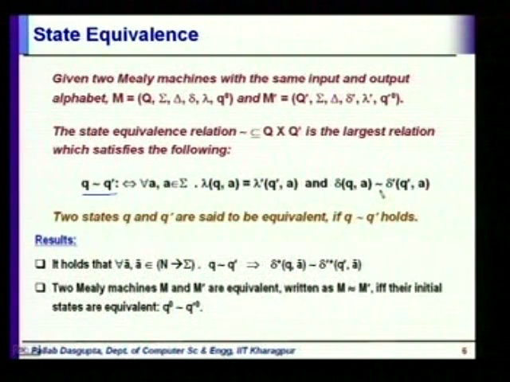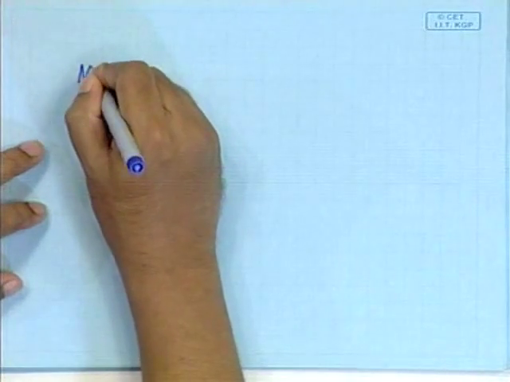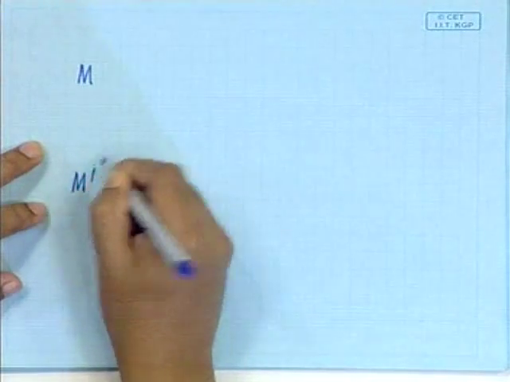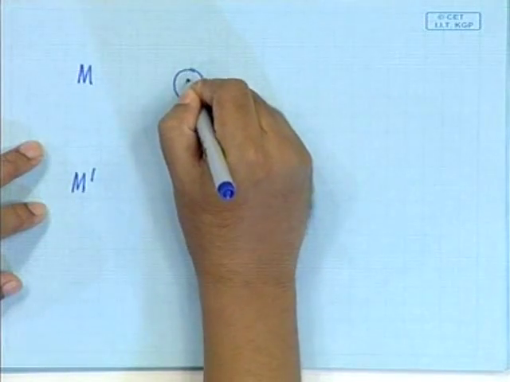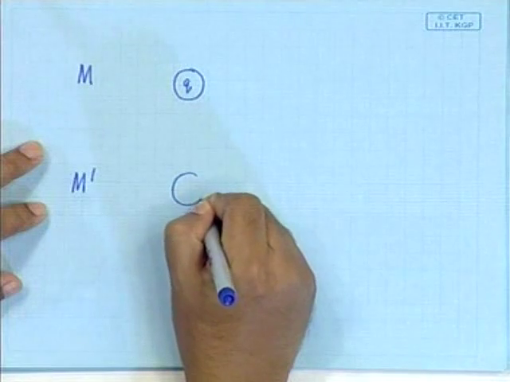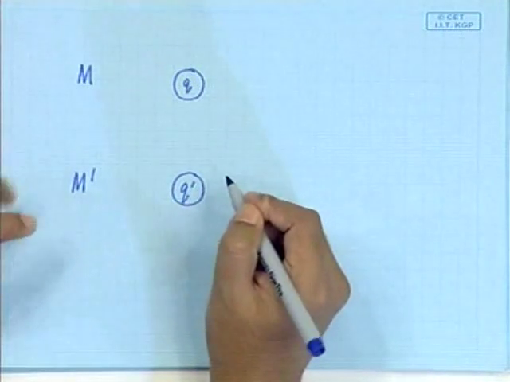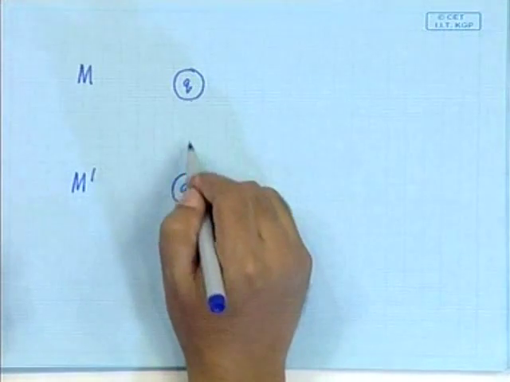Is that clear? So what did we say? We said that this is my M, this is my M dash, I have the state Q here, I have the state Q dash here, right. I am claiming that these two are equivalent.